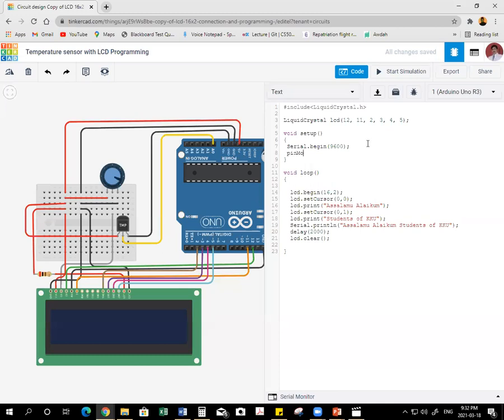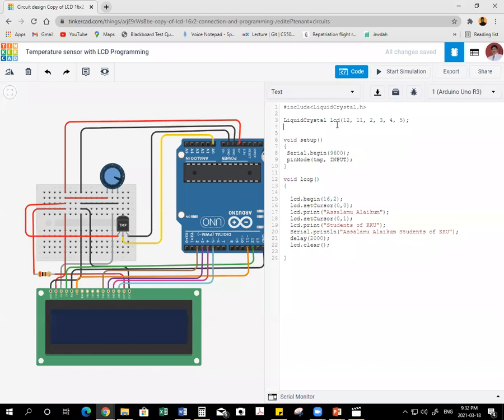So pinMode, I will take TMP, temperature, comma, INPUT, or you can take A0 also, but it is not correct. Because the temperature is there, I have to initialize this temperature.